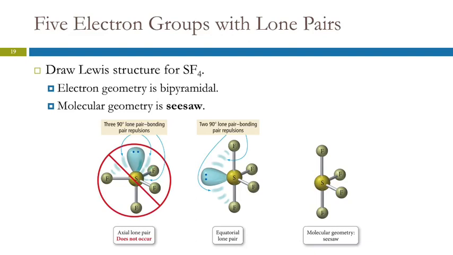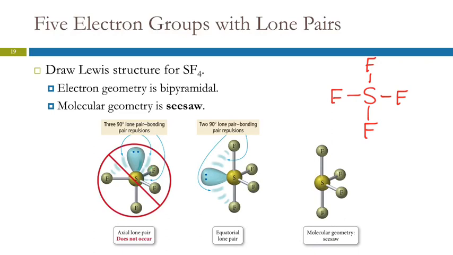Well, what if we have 5 electron groups and some lone pairs? So SF4. And again, it's important to have the Lewis structures. So we've got 4 fluorines. And you might just stop there and think, oh, it must be tetrahedral. We've got to keep going, though.